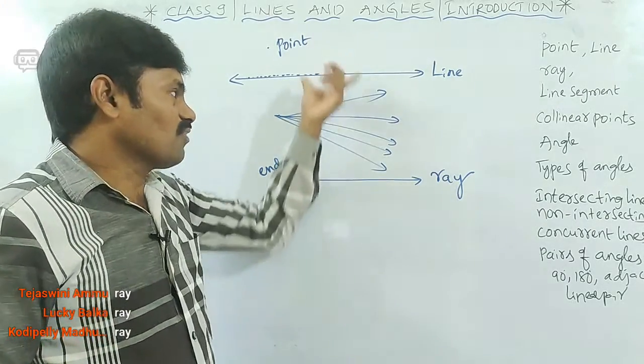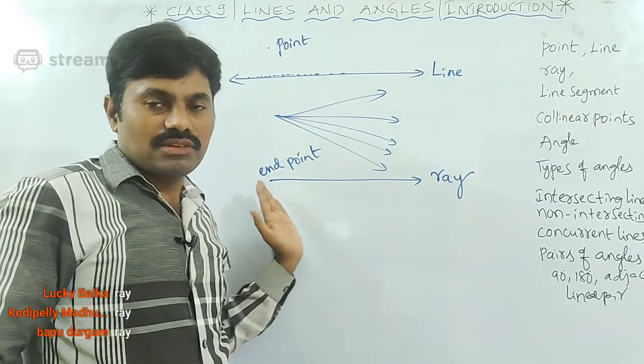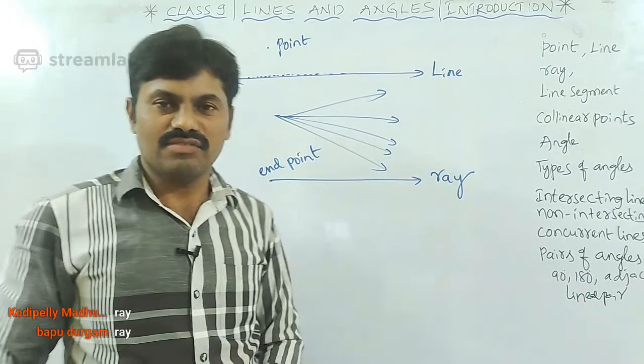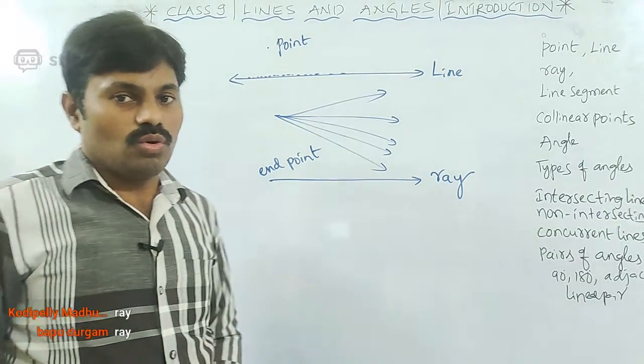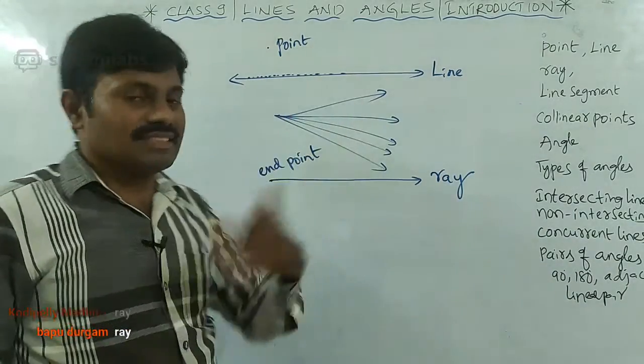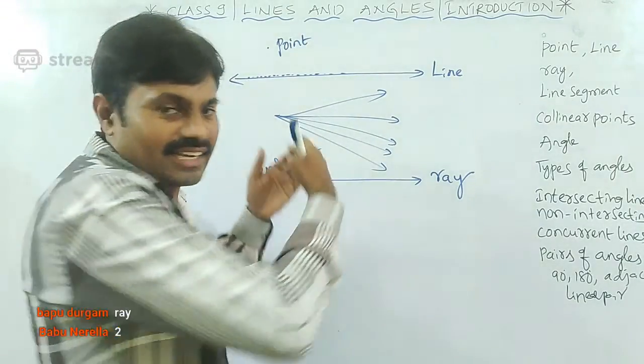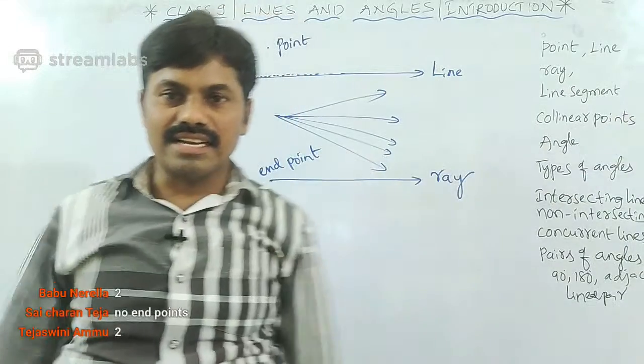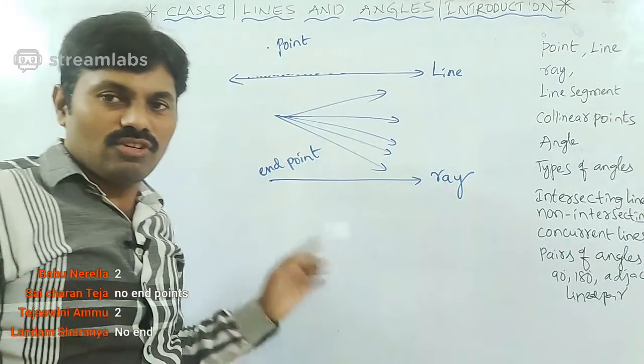A part of a line which extends only in one direction is called a ray. That is the definition. A line doesn't have endpoints, it extends endlessly on either side. For a ray, only one endpoint.